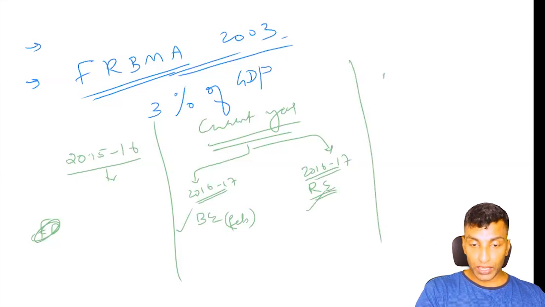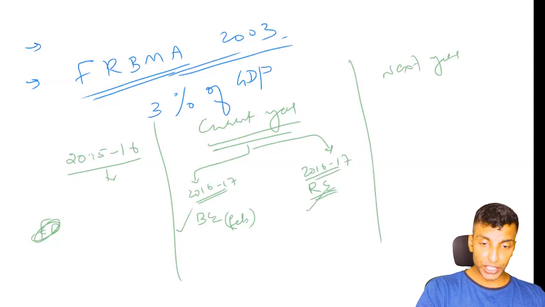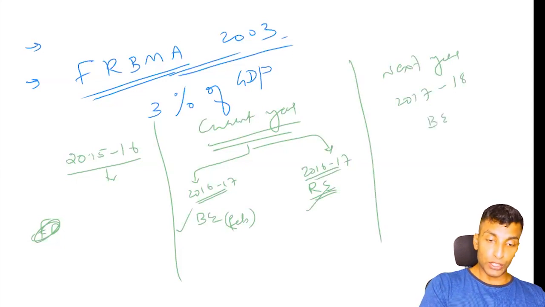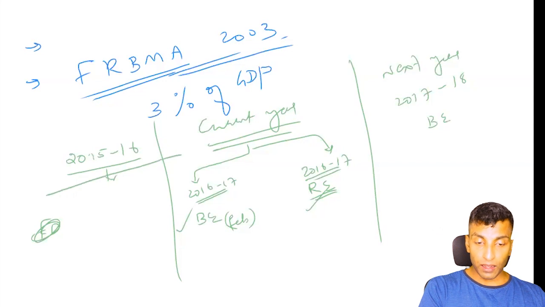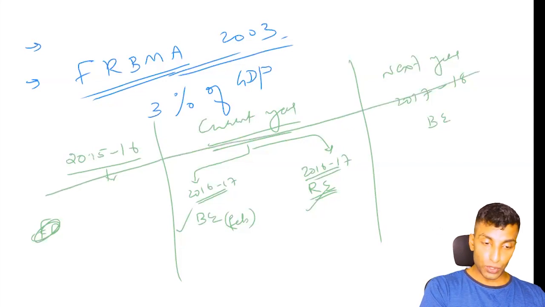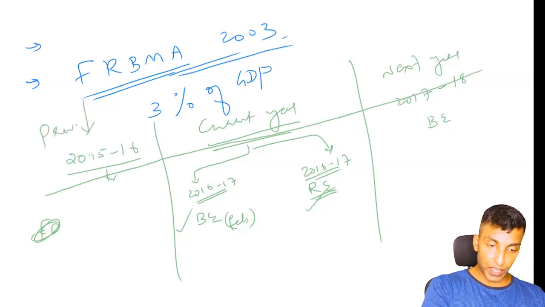Then you will also see next year. So there will be a budget estimate, right? Next year, in this context, 2017-18. So here you will have only one column, that is the budget estimate. If you see here, three columns. So this is the previous year, and here you will be getting the actual data.